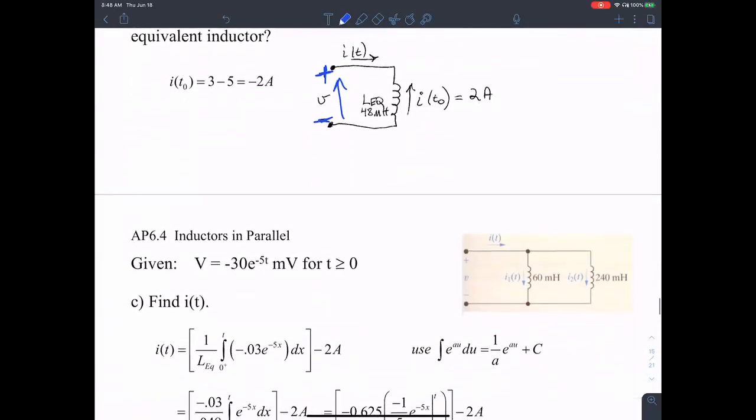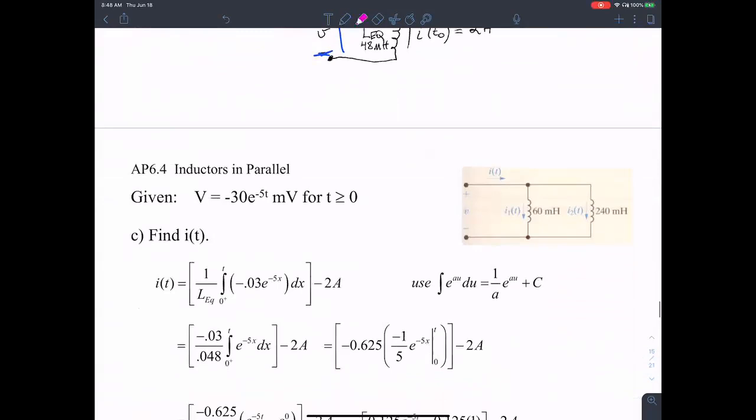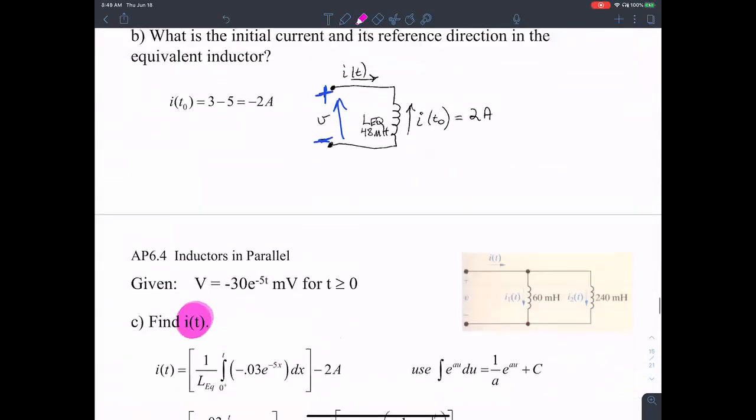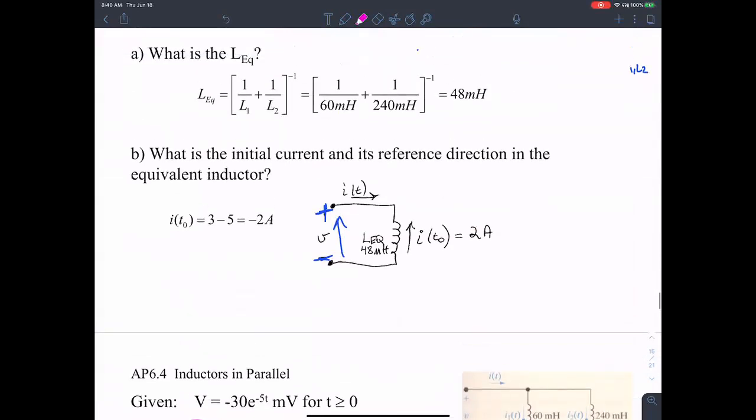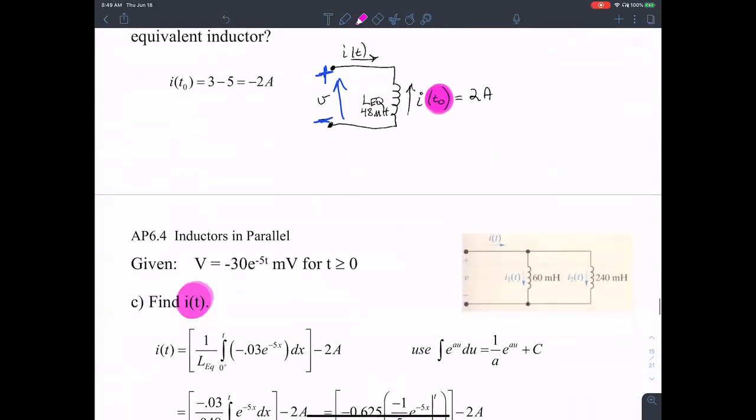The next question is: find the expression for I as a function of t. Remember, this is I at time t0, the initial value for the current. Now, the voltage across an inductance is given to be this.